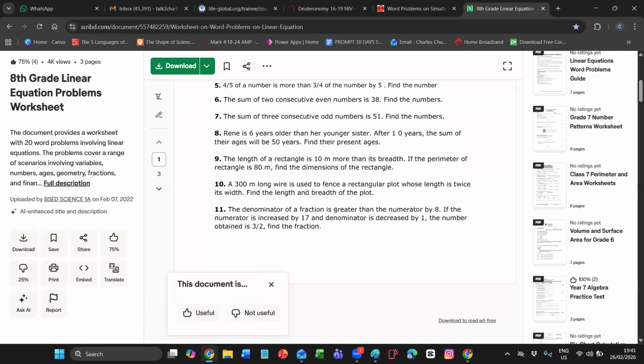Okay, so the length of a rectangle is 10 meters more than its breadth. If the perimeter of the rectangle is 80 meters, find the dimensions of the rectangle. So how would you go about this one?